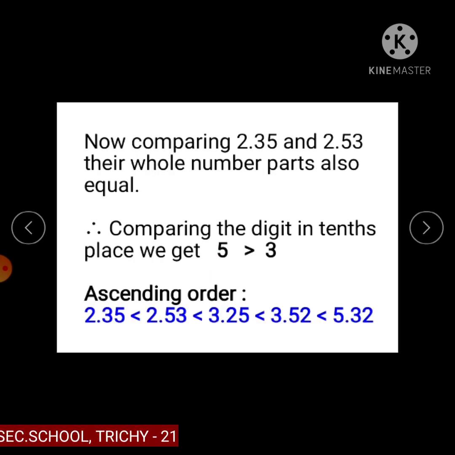Now, we compare 2.35 and 2.53. Their whole number parts are also equal. Comparing the digits in the tenths place, we get 5 is greater than 3.